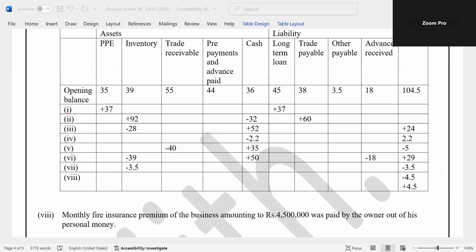First, complete the recording parts. There's the income statement, profit and loss also. Profit and loss can be calculated by preparing an income statement. Next one, ninth one.